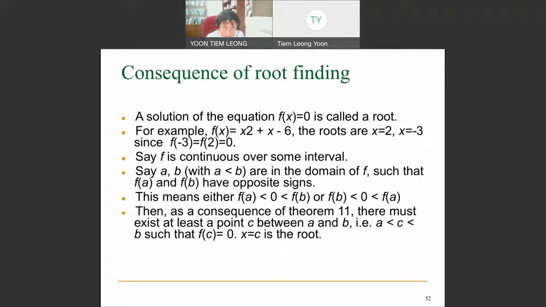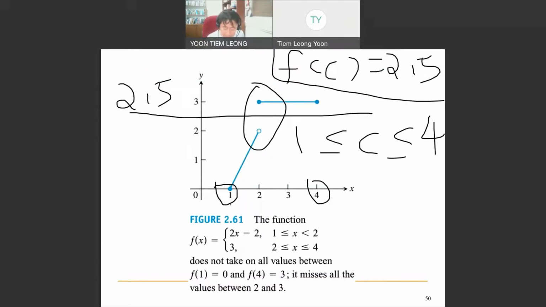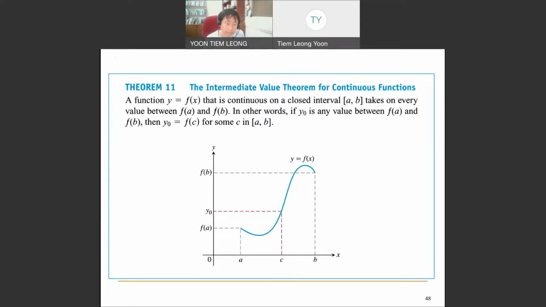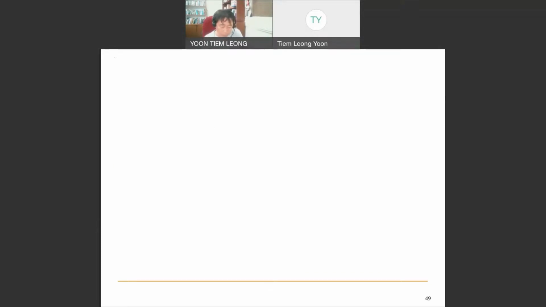So by applying this idea, the properties of a root, you apply theorem 10 and theorem 11 to a continuous function that has a root. So let's see how you apply this theorem. If you have a function that has a root somewhere here and you do not know what exactly the root is, it doesn't matter.